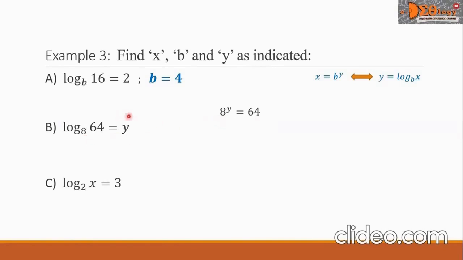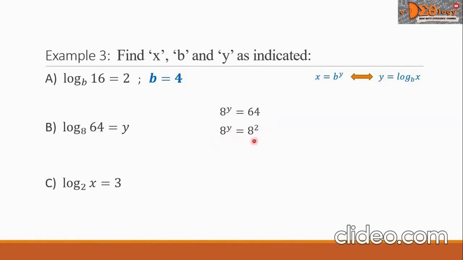And this y is the exponent that I can use here. So 8 raised to y. And this is equal to, this number 64 is now here. And I know this 64 is equal to 8 squared. So I have now 8 raised to y equals 8 squared.